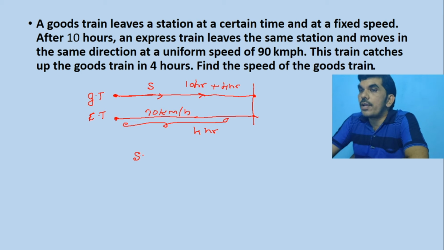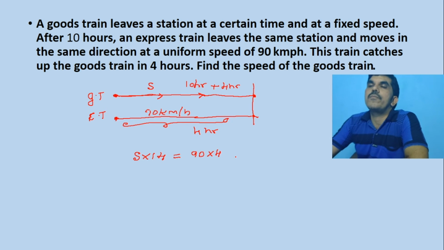So s into 14, because it travels for 14 hours, equal to the speed of the express train, 90, into 4. So s is equal to 90 into 4 divided by 14. So it comes around 360 by 14.